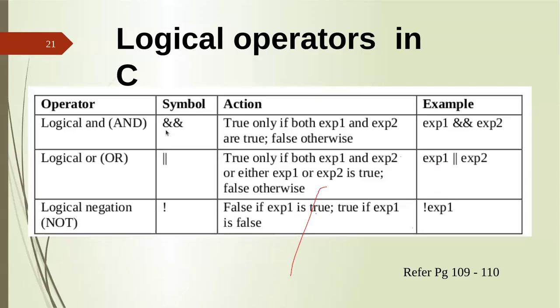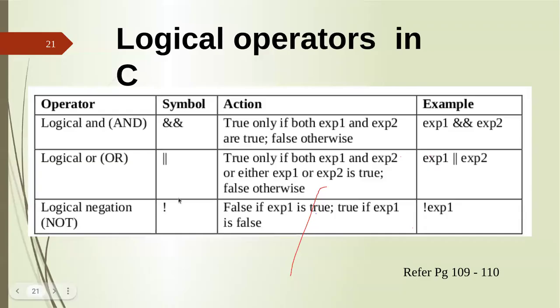Logical AND is true only if both expression 1 and expression 2 are true, and false otherwise. The logical OR symbol is this one. True if either one or both of these are true.